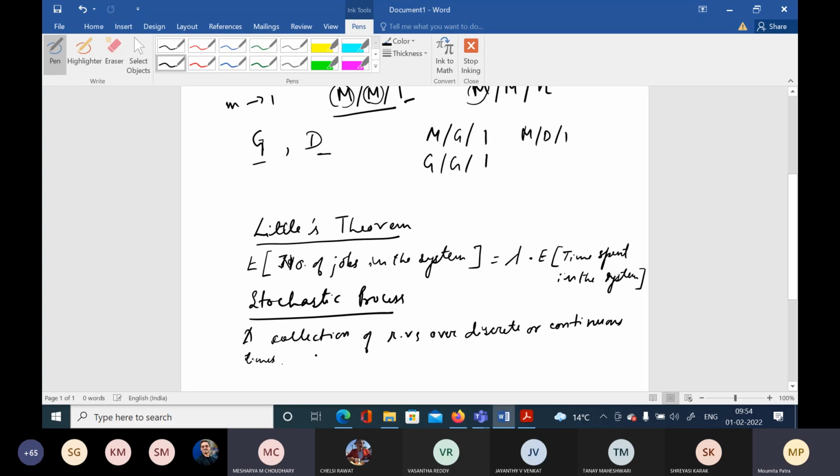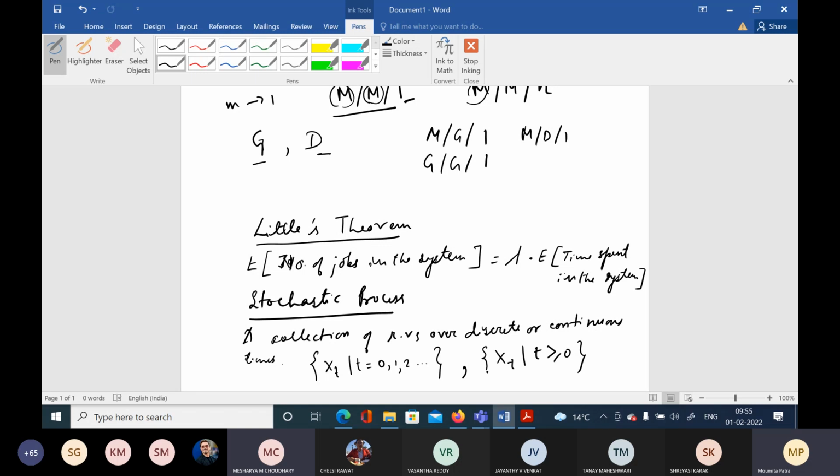How do we represent it? X(t) is a random variable, where t can be equal to 0, 1, 2, and so on. Or you can also write it as X(t), t greater than or equal to 0. All right, so this is your stochastic process.